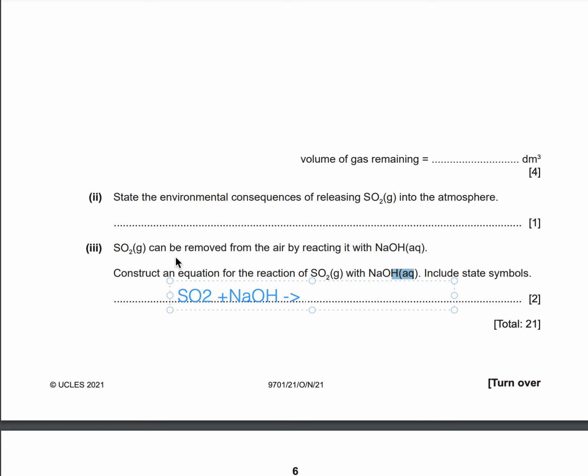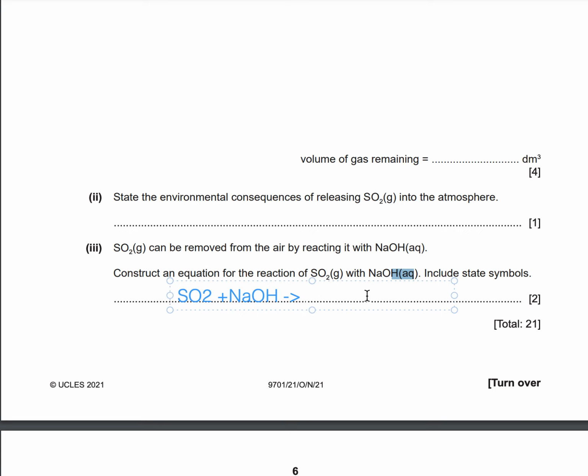So when they two react, one is an acidic gas, and one is a base. So when they react, it should form something like sodium silicate and water, because we know that whenever acid and bases react, we get water.